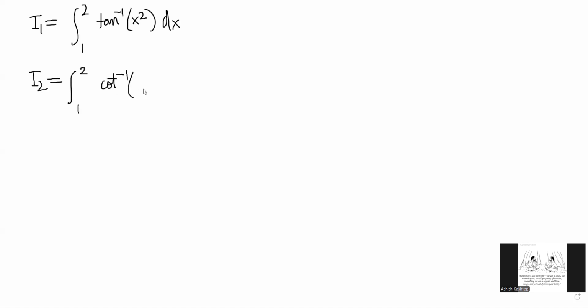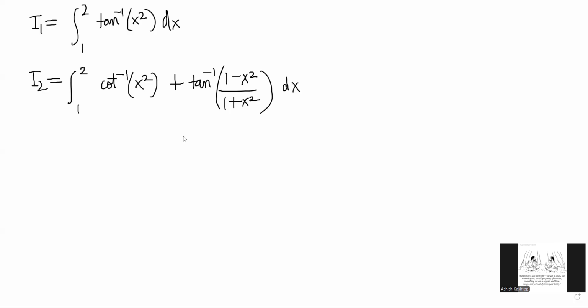So I1 for us is the integral from 1 to 2 of tan inverse x square dx. And if you look at I2, that is also the same limits, but now you have cot inverse x square, and you also have plus tan inverse of (1 minus x square) by (1 plus x square), dx.